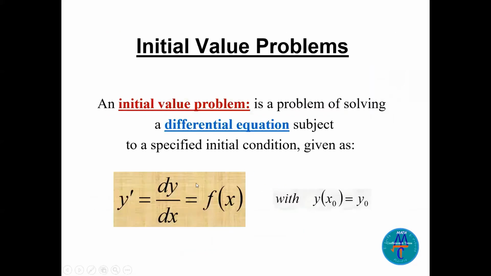Initial value problem. What is an initial value problem? It is a problem of solving a differential equation. We have a differential equation subject to a specific initial condition, like y of x sub 0 is equal to y sub 0. So there is a condition here we need to apply for this differential equation. Y prime is equal to dy over dx.